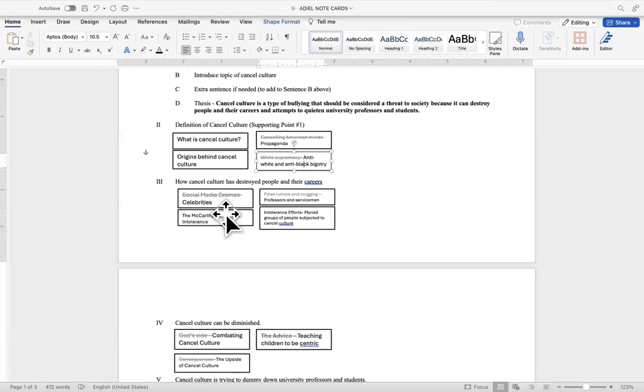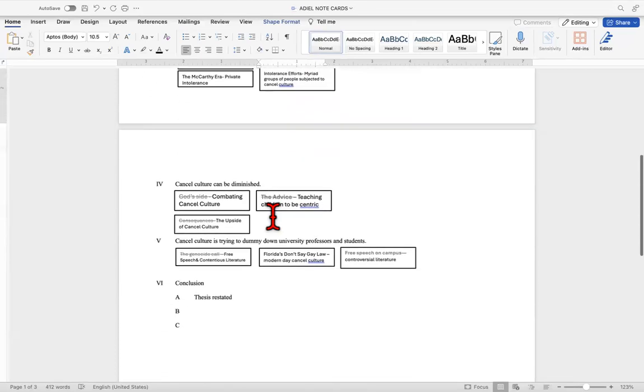These are cards that need to be put in here and in the second main point. And these are your cards that should go into your counter argument, that it can be diminished. I don't think it's ever going to go away. These are ways to do it. And then the last main point is it's trying to make people stupid. And so how do you do that?